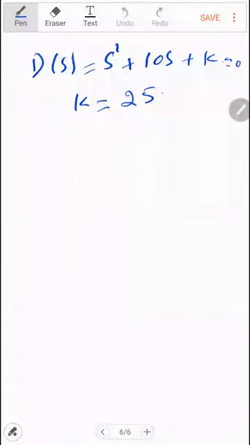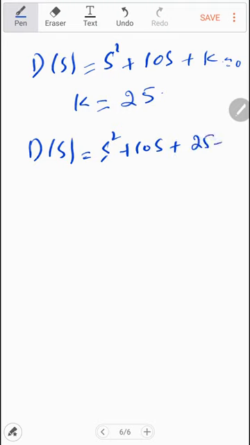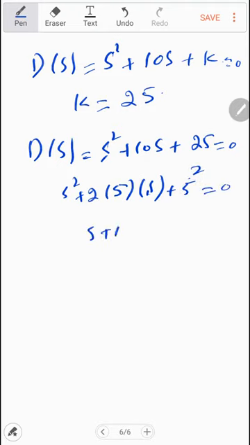Now let's say that we increase the value of K from 0 to 25. If you solve this equation, D of S becomes S square plus 10S plus 25 equal to 0. This becomes S square plus 2 multiplied by 5 multiplied by S, plus 5 square, by the completing square method, or you can say (S plus 5) square is equal to 0.